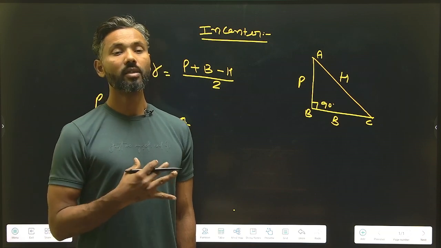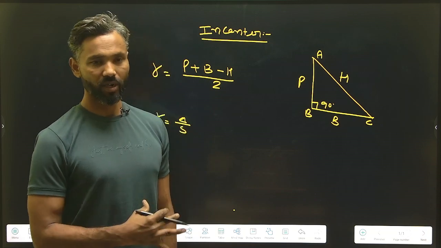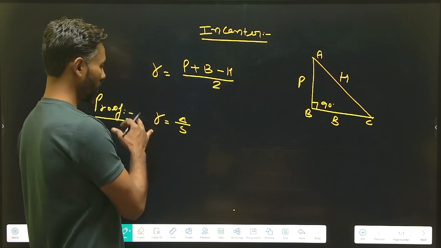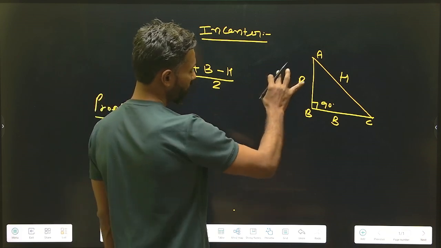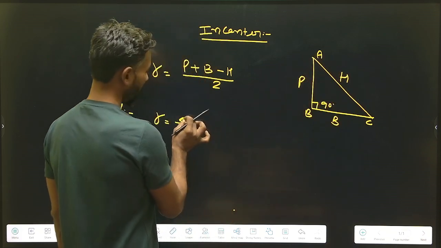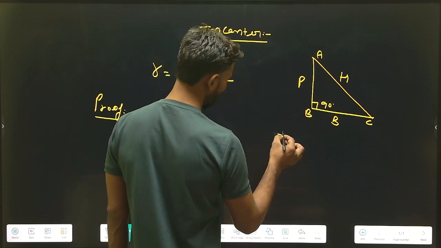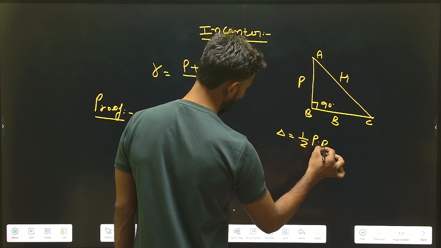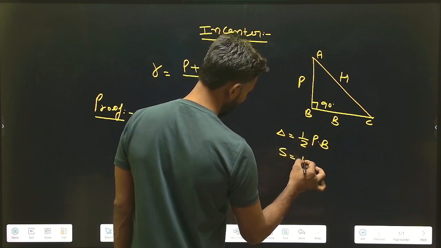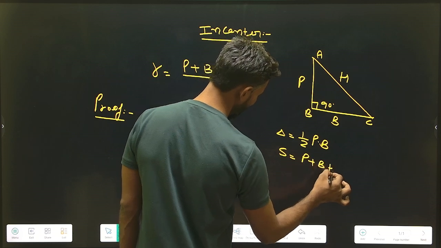Understand that? This is the basic formula for calculating the length of the Inradius. Now tell me, what is the formula for the area of a right angle triangle? Area of a right angle triangle will be equal to 1 by 2 p into b, and s will be equal to p plus b plus h upon 2.